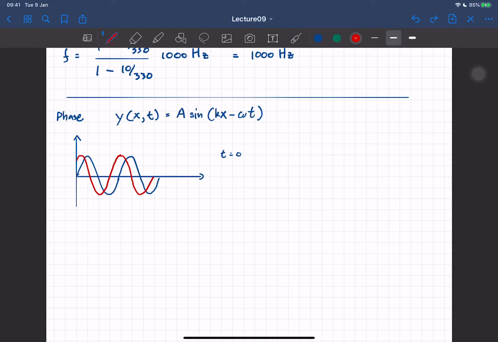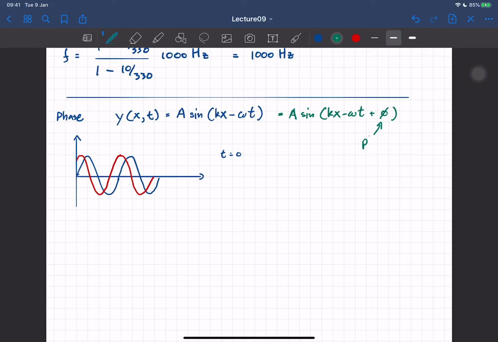So this should remind you of the initial phase that we talked about when we discussed simple harmonic motion, right? So how do we describe that? Well, to be more general, what you can do is add an arbitrary phase to the argument of your sine function. And we normally take this to be 0 because most of the time it doesn't really matter.